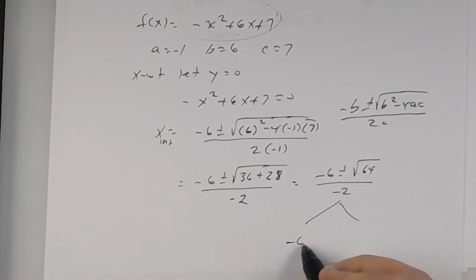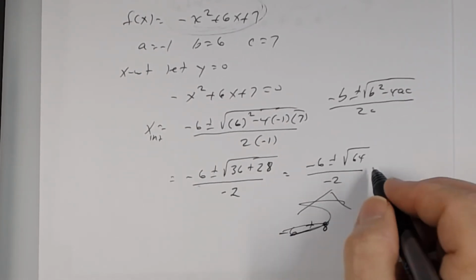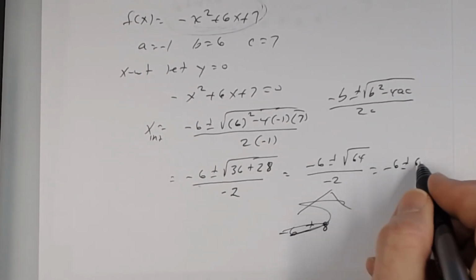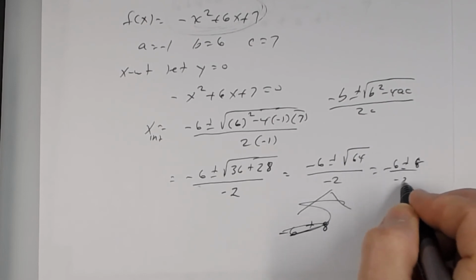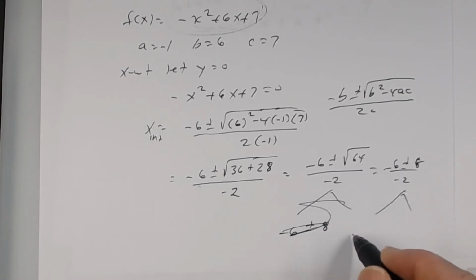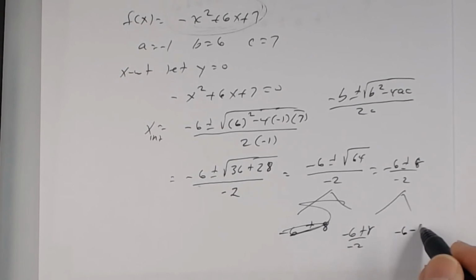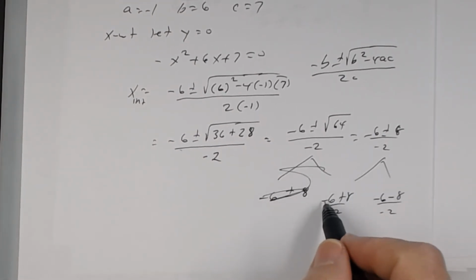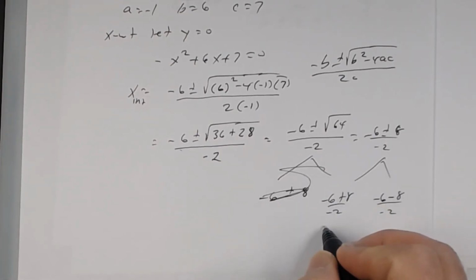All right. So that's negative 6 plus or minus 8 over negative 2, right? Okay. So negative 6 plus 8 over negative 2, and the other will be negative 6 minus 8 over negative 2. What's negative 6 plus 8?